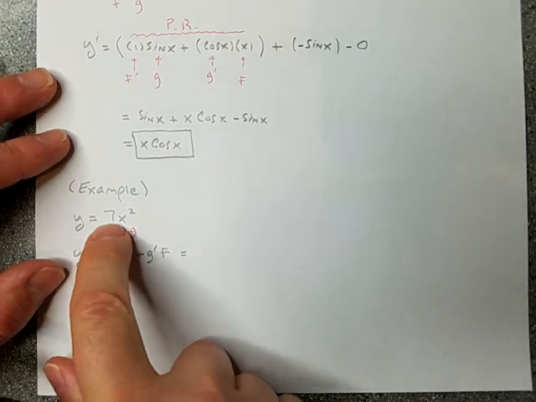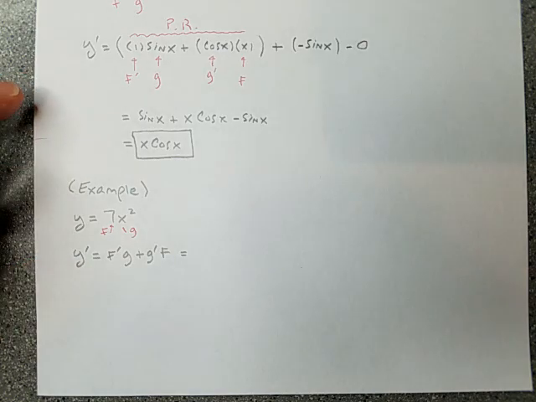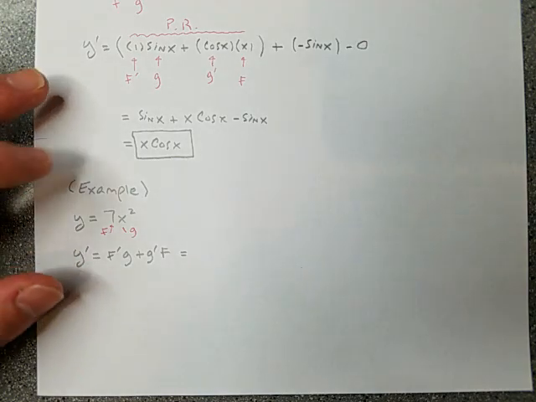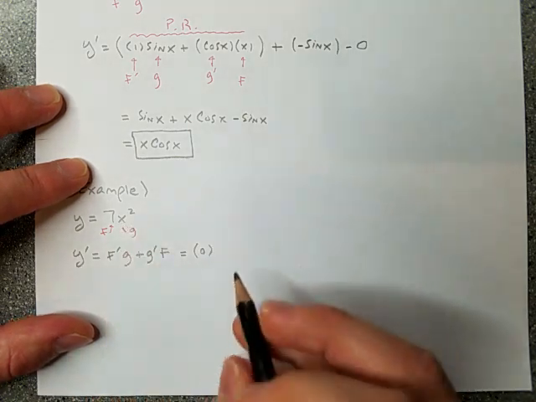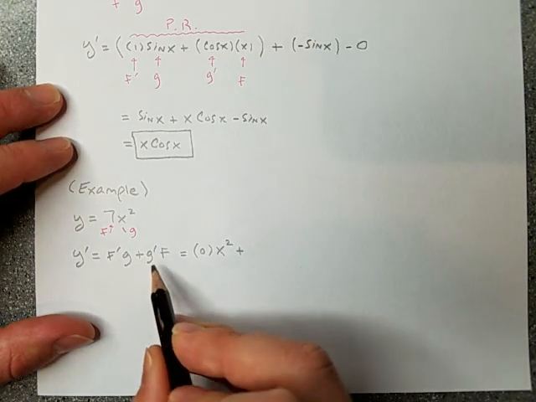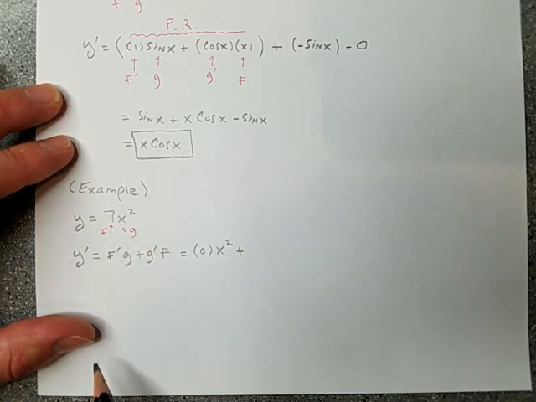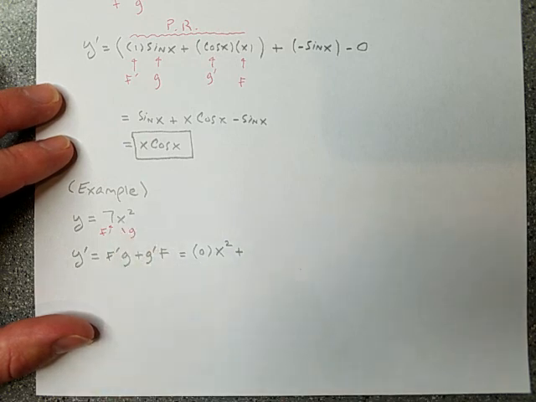So if f is 7, what's f prime? What's the derivative of 7? 7's a constant. That would be 0. So f prime g is 0 times x squared, plus g prime. Well, g is x squared. What's the derivative of x squared? That would be g prime.